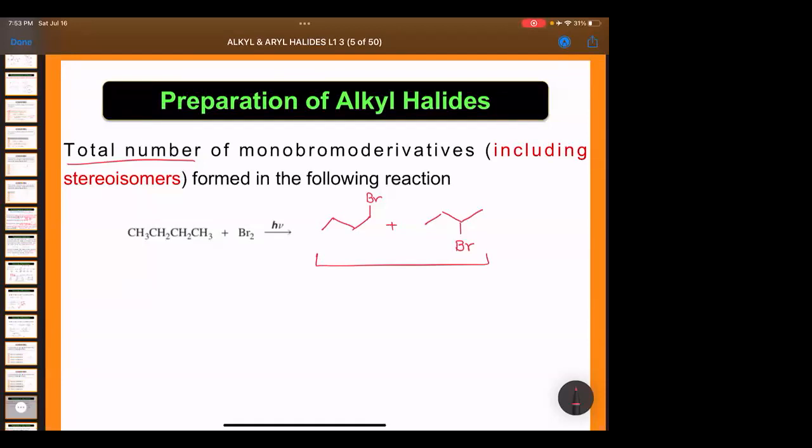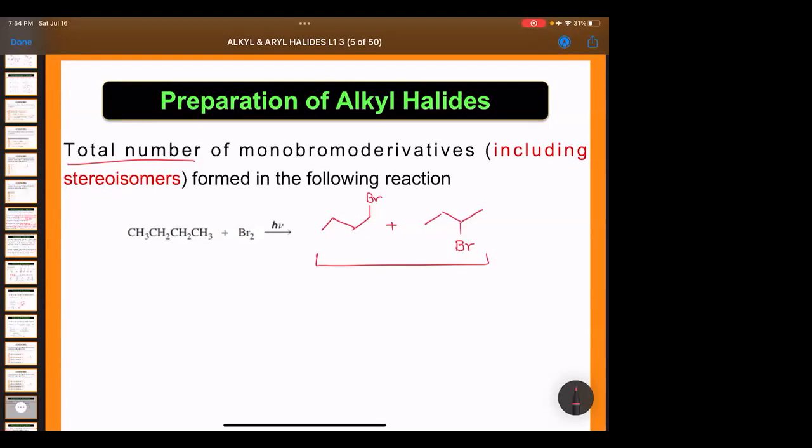In the first one, the bromine is connected to the first carbon atom, but in the second one it is connected to the second carbon atom, and that changes the sequence of bonds, right? If the sequence of bonds is different, you can make it out very easily. You can just compare two molecules atom by atom.